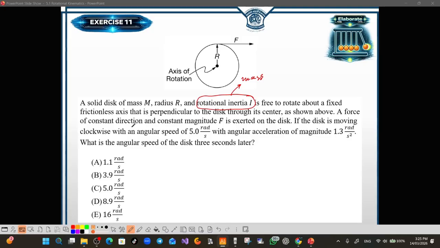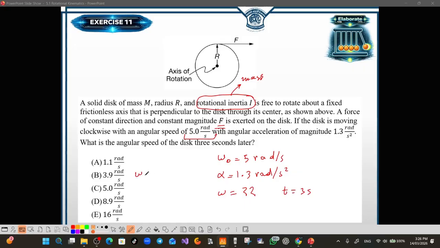A force of constant direction and constant magnitude is exerted on the disk. Remember that if we have applied a constant force, it means we will get a constant acceleration. In other words, we can use the kinematics equation to solve this problem. If the disk is moving clockwise with an angular speed of 5 radian per second, and we have alpha, which is 1.3 radian per second squared, what will be the angular speed after 3 seconds?